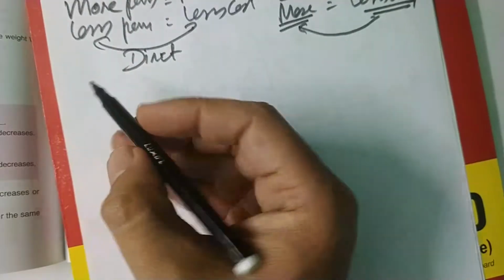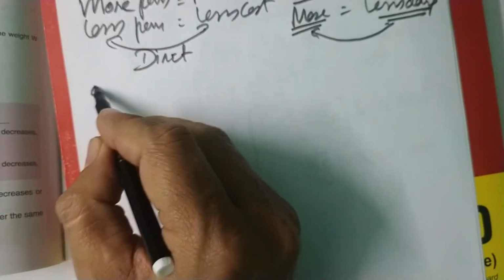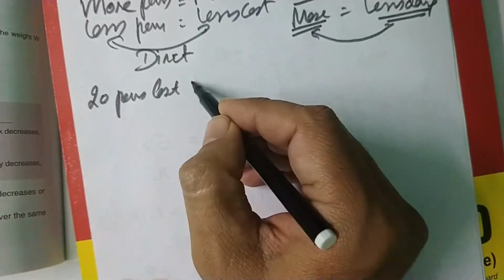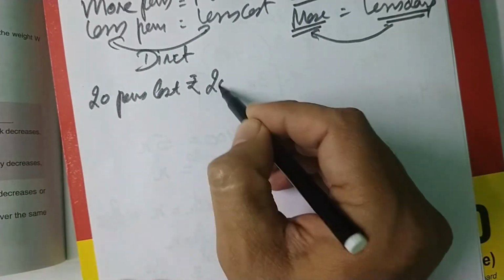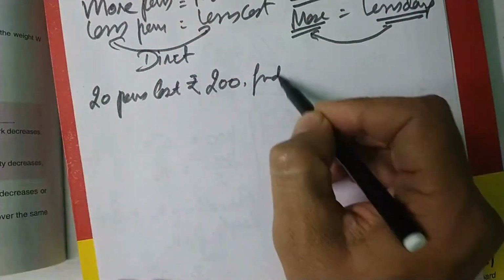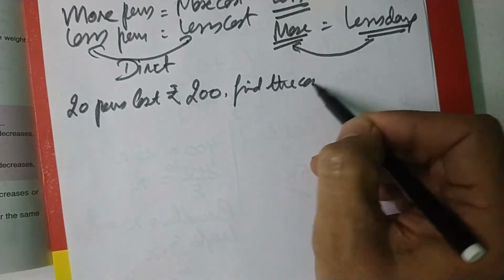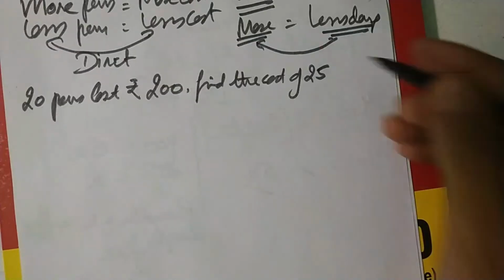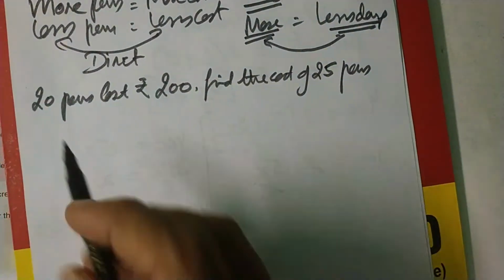So let's see here, I am giving you one question. 20 pens cost rupees 200. Find the cost of 25 pens.